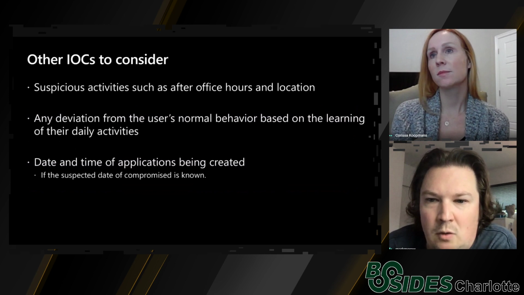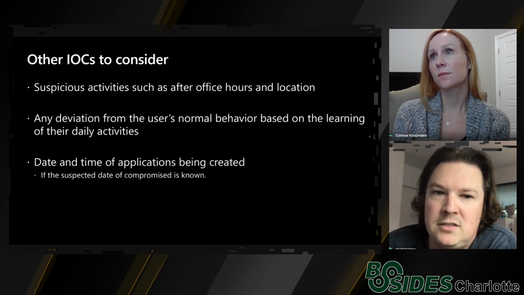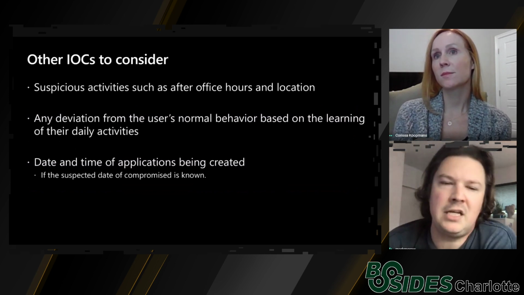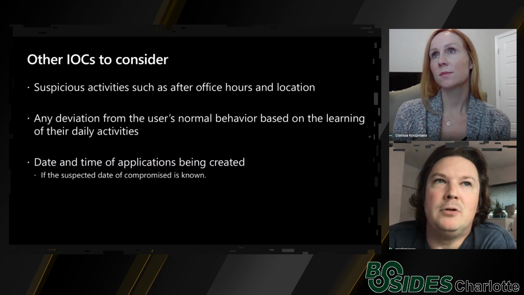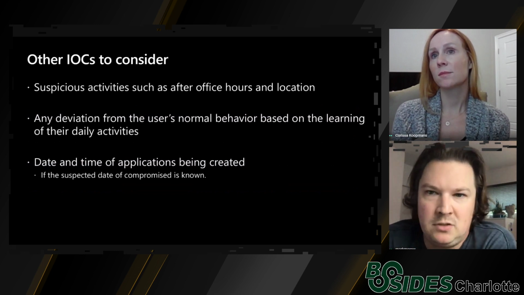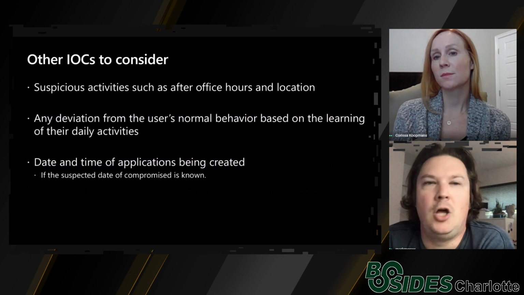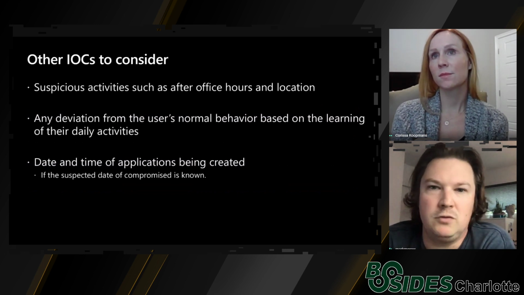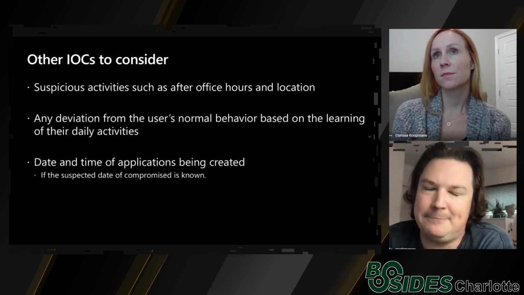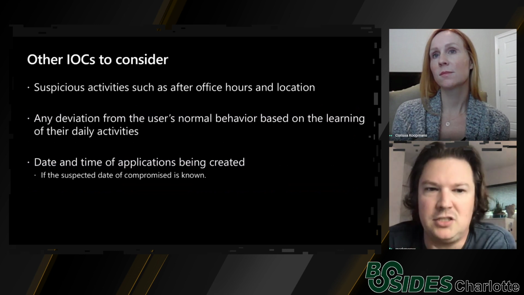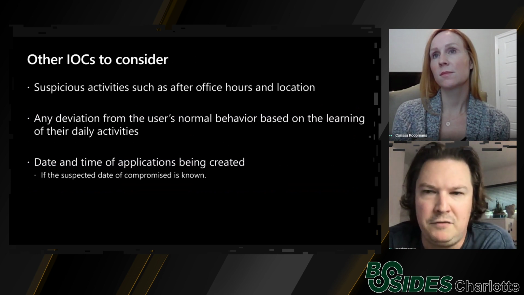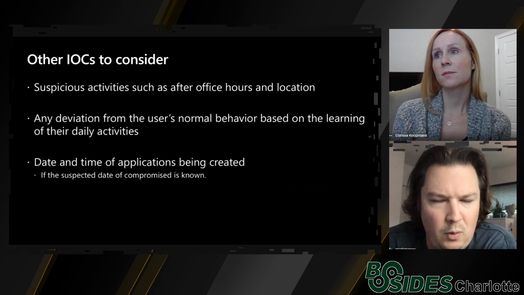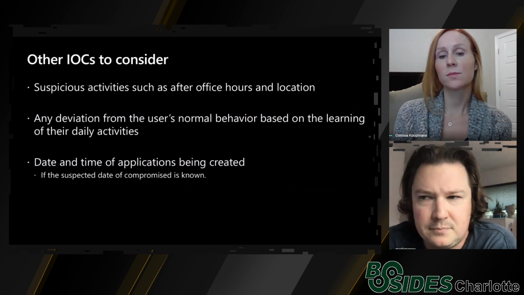We've seen this as well, where the application was created a few days ago and now it's being used. Think of this just like how defenders do this for domain names, right? This domain name was created 3 or 4 days ago. Now we're getting a bunch of suspicious looking emails from it. That's pretty suspicious. Same thing with applications. If we can see the application was created a few days ago and looks very suspicious, we want to go ahead and take a look at that as well.